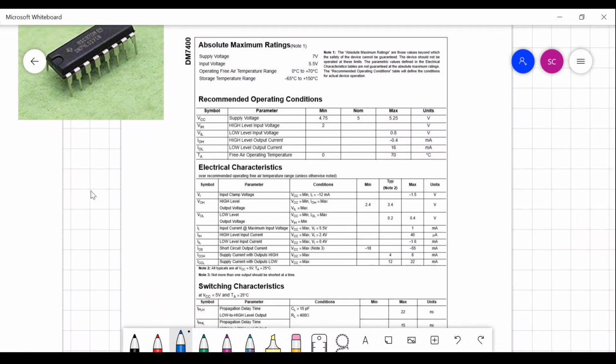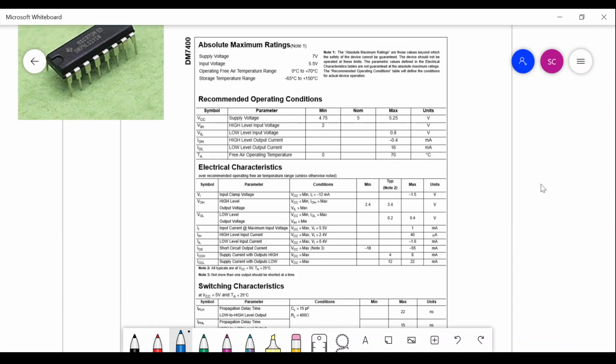Now the physical things that we need to be concerned about are these operating conditions. So supply voltage, what would be its supply voltage? Minimum, nominal, maximum, what is the units? So these things you can look up from here. So for this particular 7400 to work, you will not give a supply voltage of 3.3 volt, you will give a supply voltage of 5 volt.